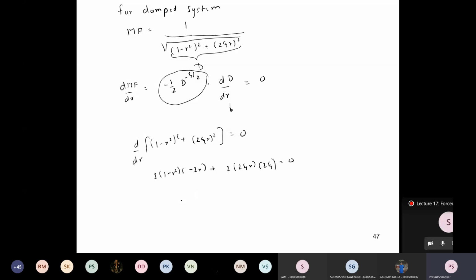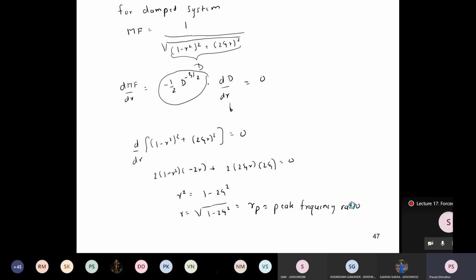When I simplify this and find r square, r square is equal to 1 minus 2 zeta square, or r is equal to the square root of 1 minus 2 zeta square. This is when the magnification factor is maximum, or the peak is reached. This frequency ratio is called rp, the peak frequency ratio.